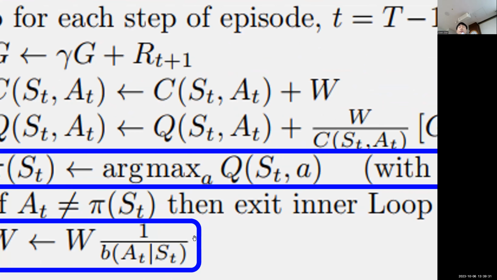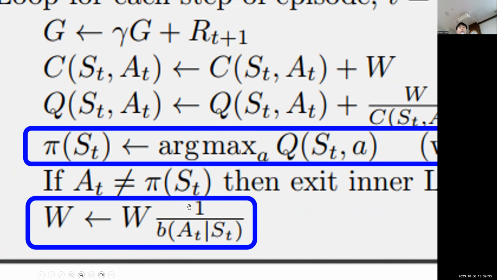Because this is the importance sampling ratio, right? We use the importance sampling ratio to rescale the behavior policy. But here we are using 1 instead of pi. This is supposed to be the importance sampling scale factor. Any idea?